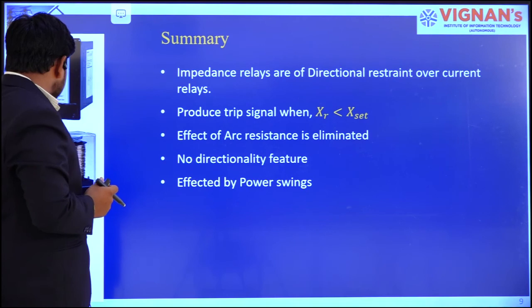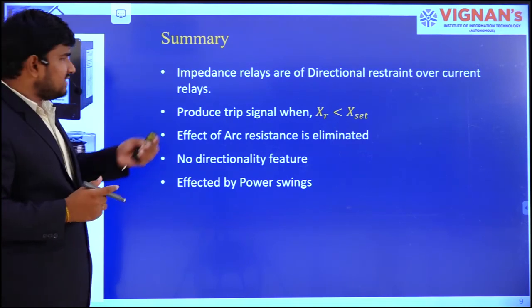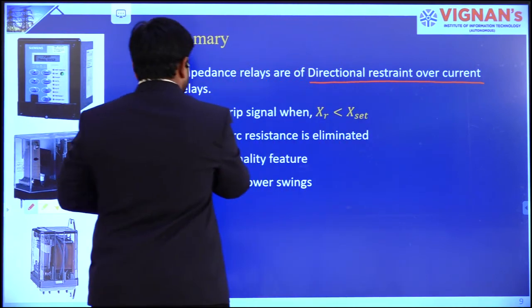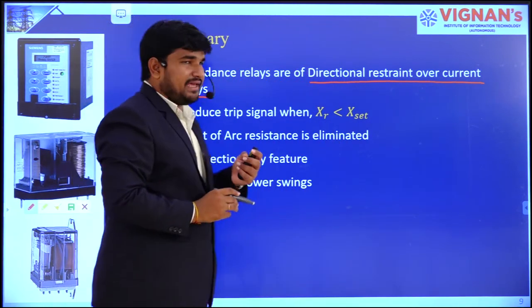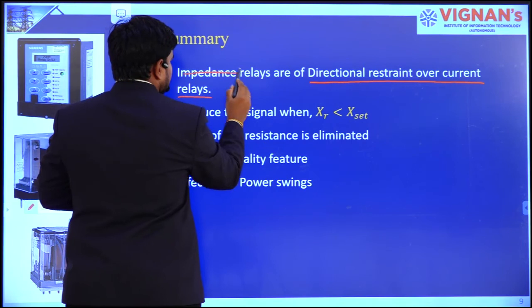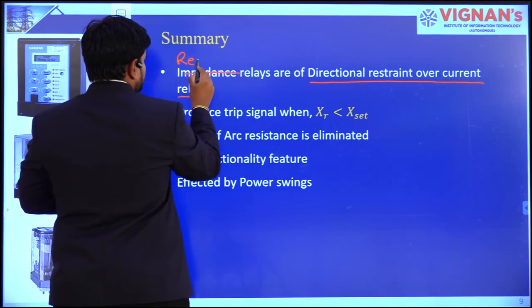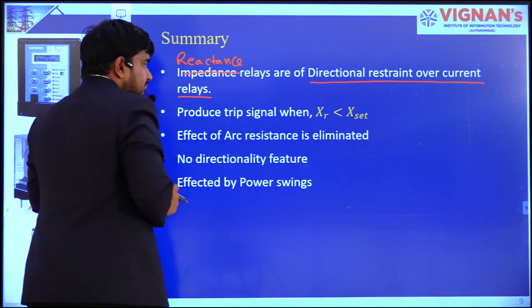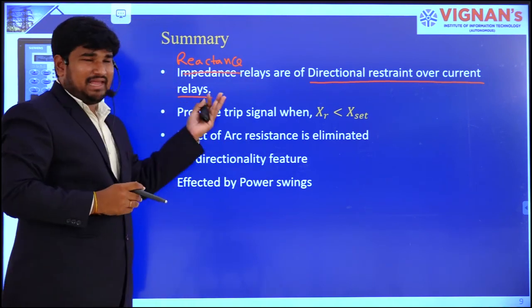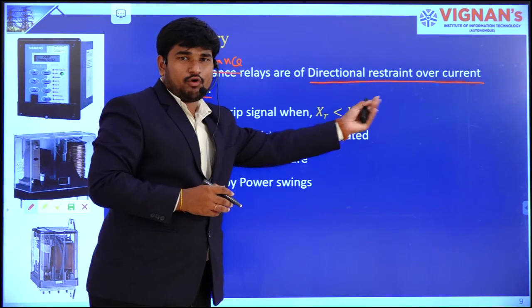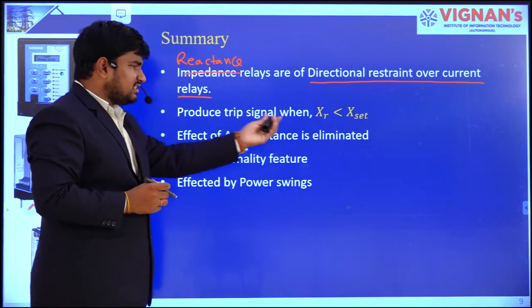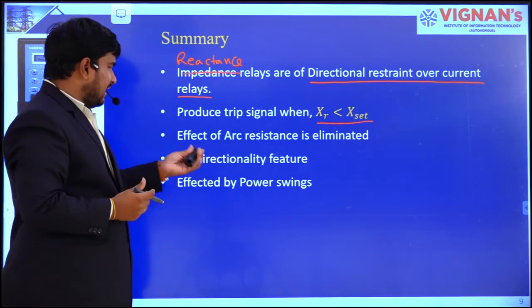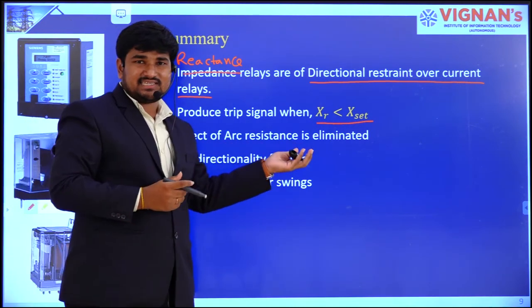Now let me summarize some points here. The reactance type relay is a directional restraint over current relay. It will produce a trip signal when XR is less than the X set value, and the effect of arc resistance is eliminated, right?